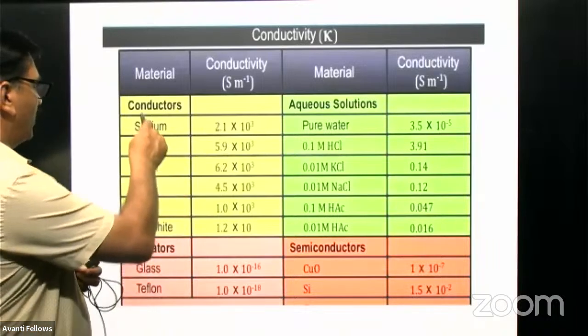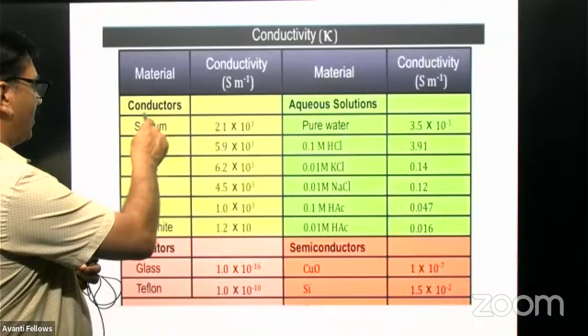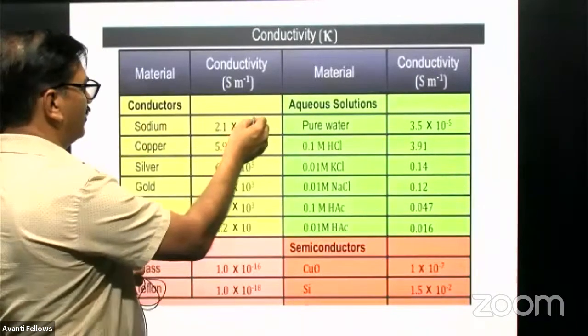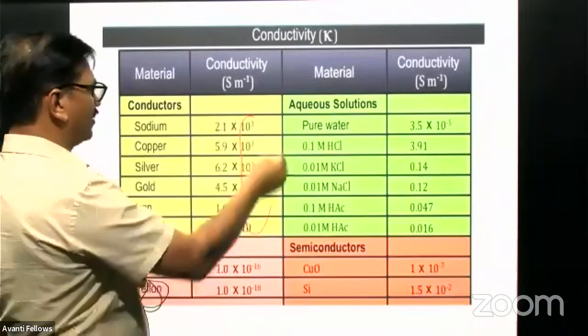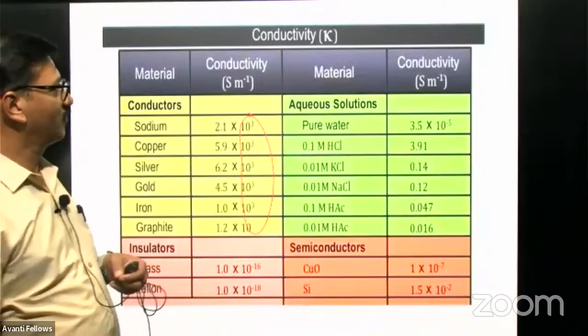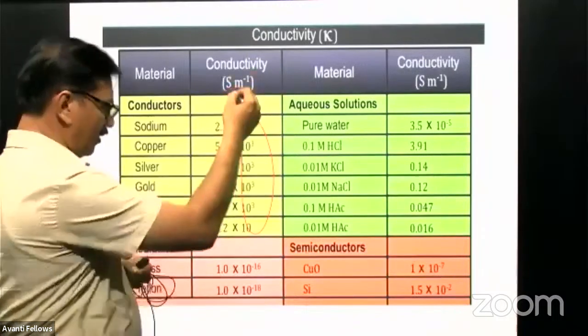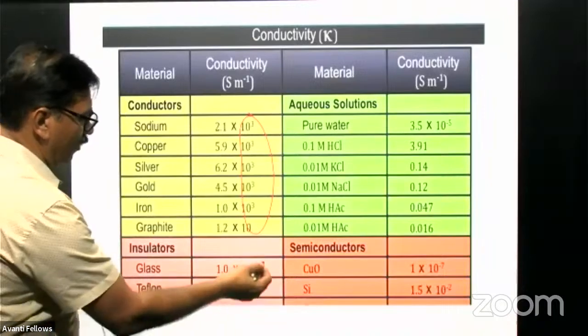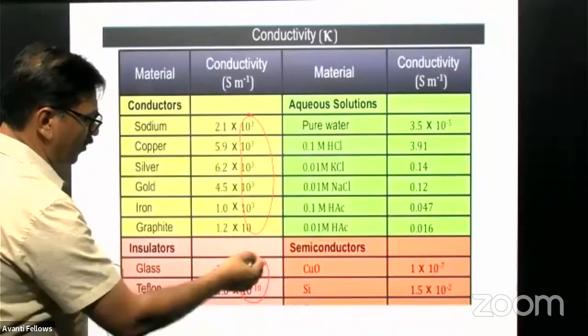Conductors like sodium, copper, silver, gold, iron, graphite are of the order of 10 to the power 3 S per meter, which is the unit. Glass and Teflon are of the order of 10 to the power minus 16 to 10 to the power minus 18.